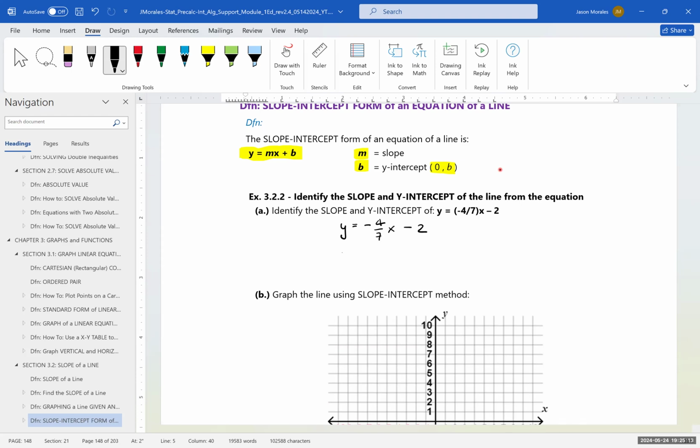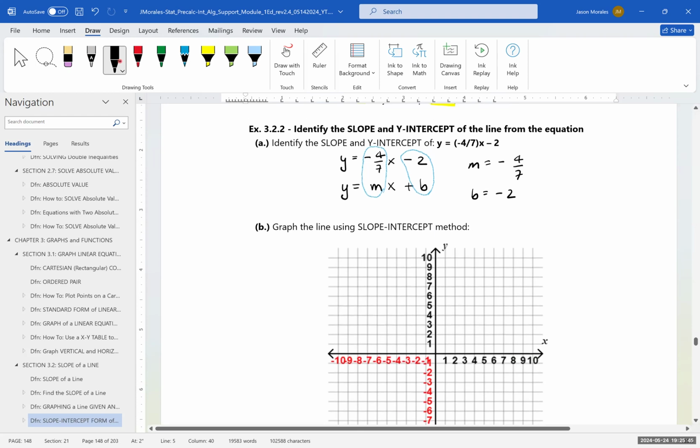And for this to be in slope-intercept form, it needs to be y equals mx plus b. So we can see here that our slope is -4/7, and our y-intercept is -2.